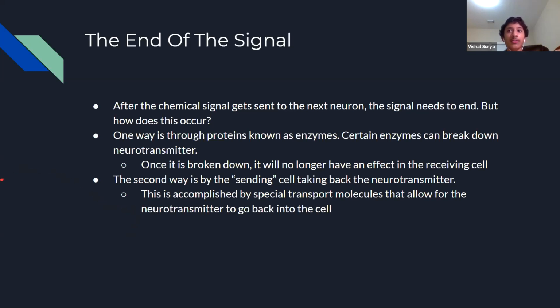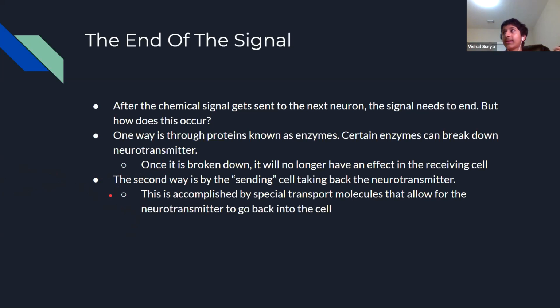For example, if we're trying to get molecule A to turn into substance B, in a normal environment this would take a really long time. However, with enzymes, it takes a really short amount of time. That's how it breaks down the neurotransmitter. Once it is broken down, it will no longer have an effect on the receiving cell because it can't bind to the receptors.